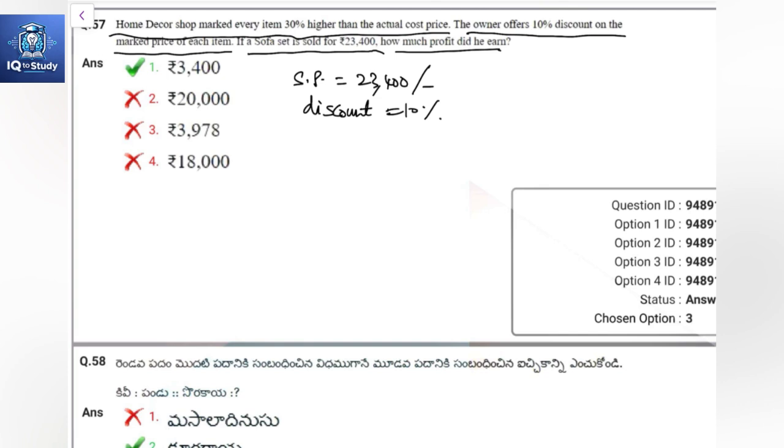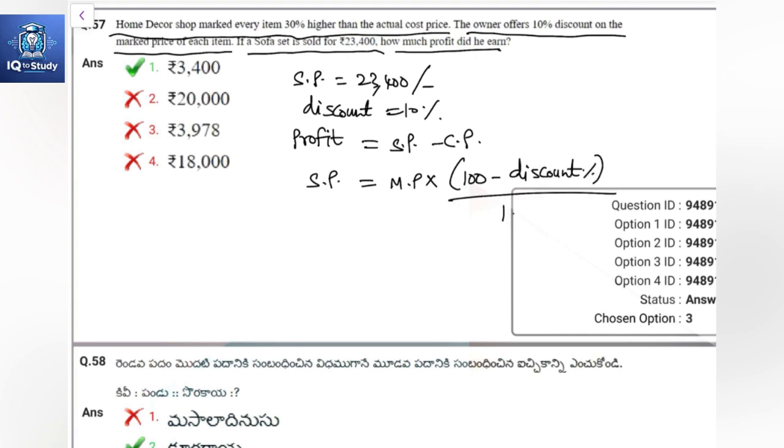We know that profit is equal to selling price minus cost price. And when market price is given, then selling price is equal to market price into 100 minus discount percent divided by 100.